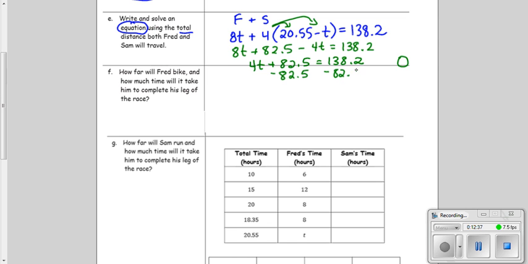This is an if-then statement. Simplify. 82.5 minus 82.5 is 0. 0 plus 4t is 4t. And the subtraction on the right side of the equation gives us 56.